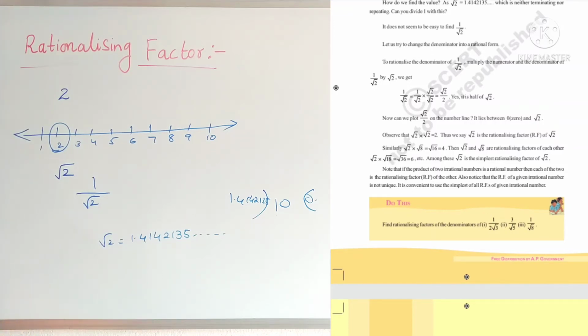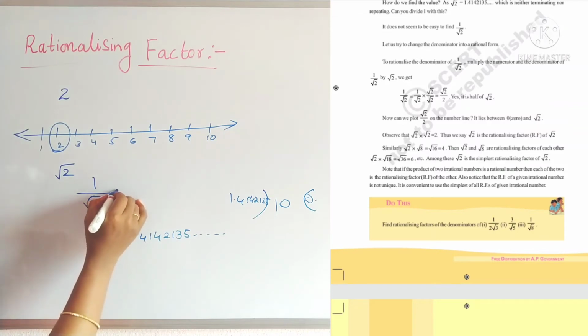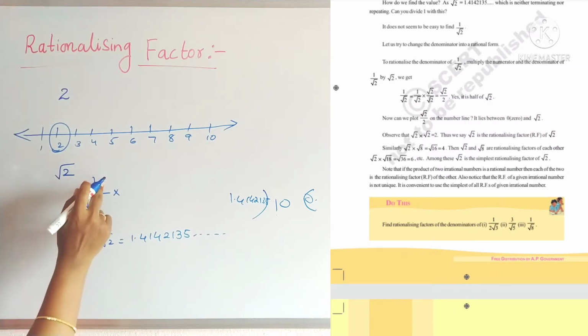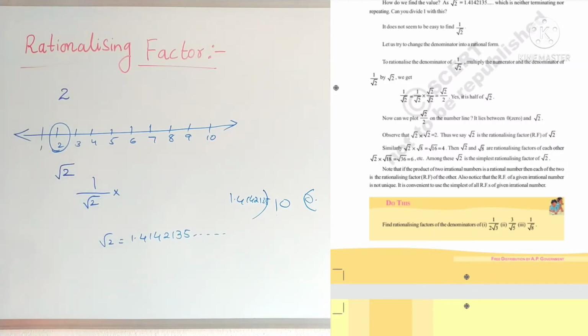So for that I am taking 1 by root 2 and multiplying numerator and denominator with root 2. Why am I multiplying with root 2? Root 2 into root 2 is 2 only.